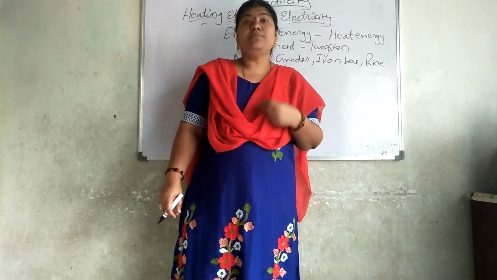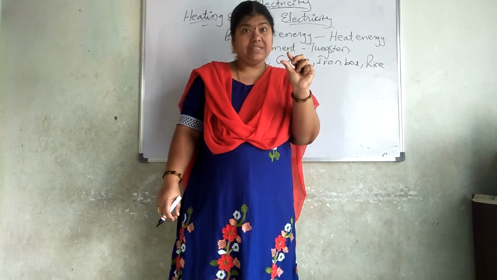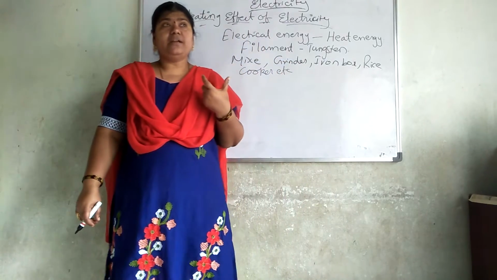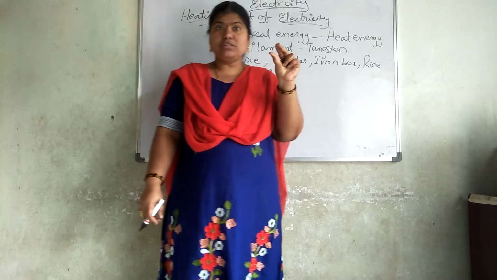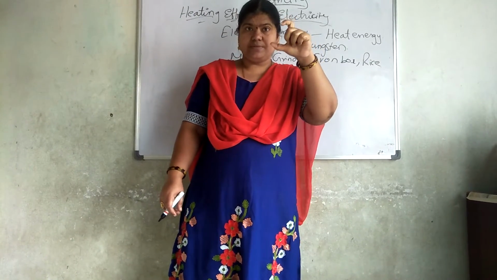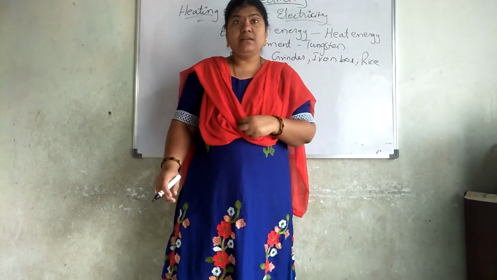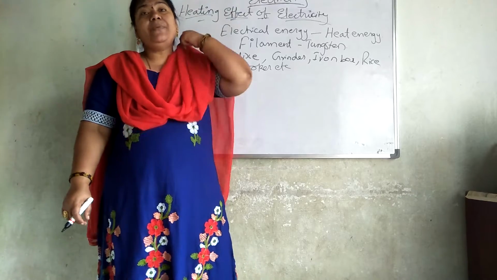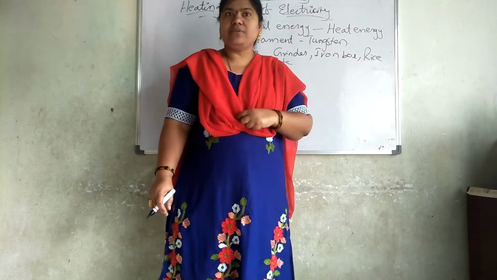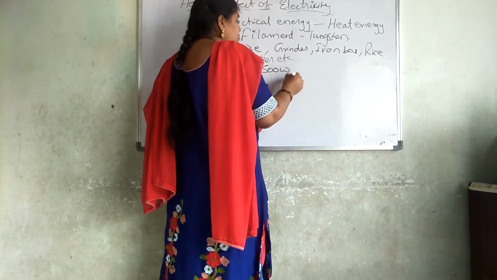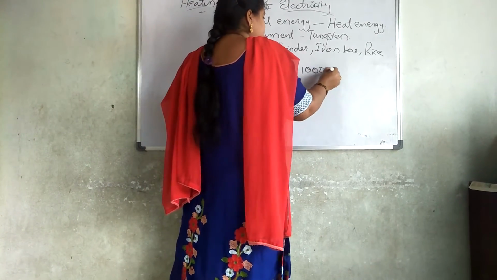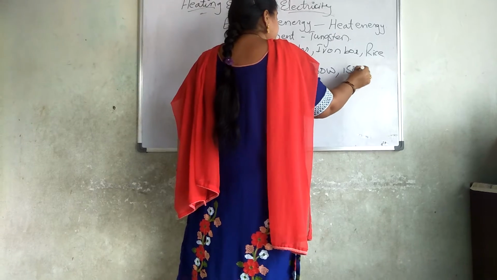If you take a mixie wire, it will be a little bit thick. If you take a grinder or washing machine or refrigerator, that also becomes a little thicker. Iron box also is thicker. So it depends upon the capacity of the appliance. The mixie capacity is 500 watts, 1000 watts, 1500 watts.